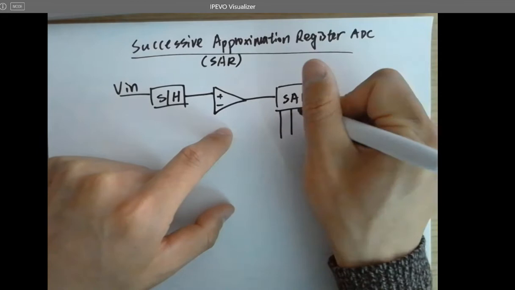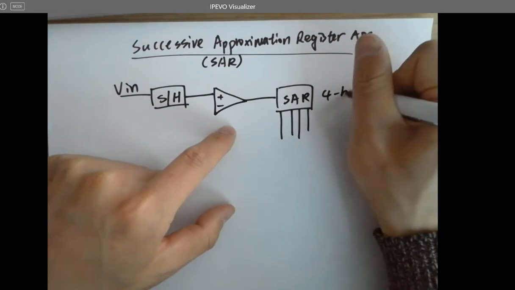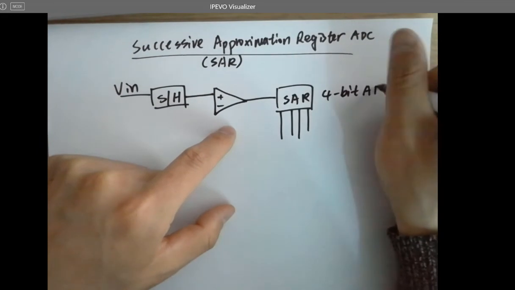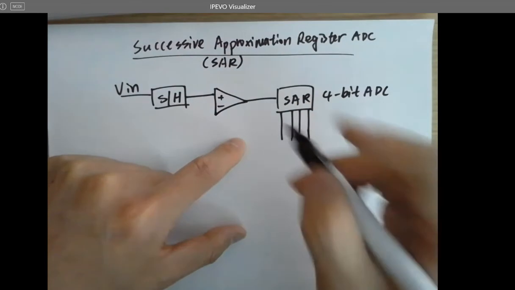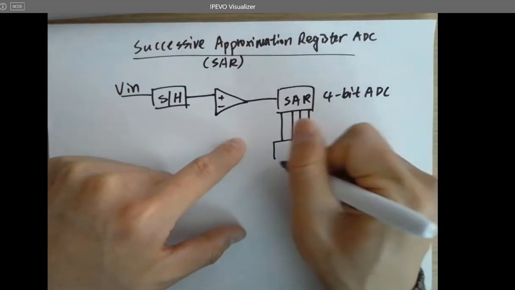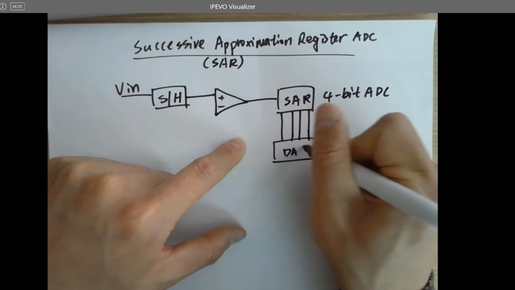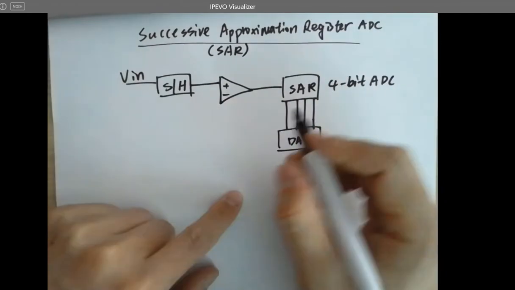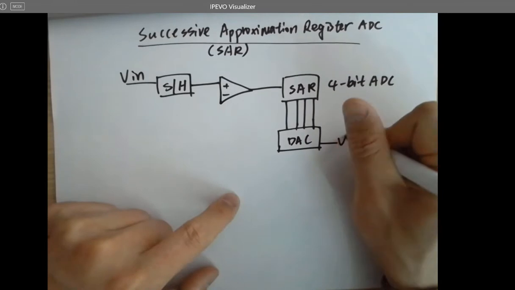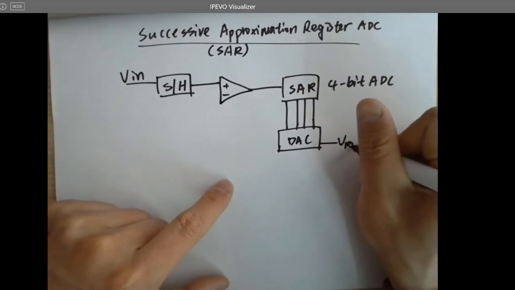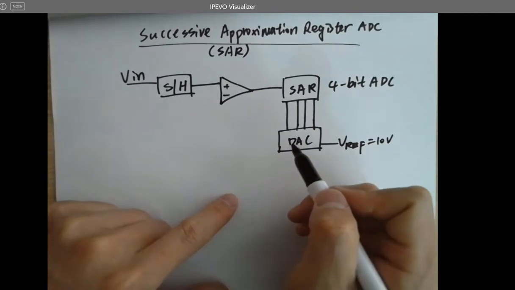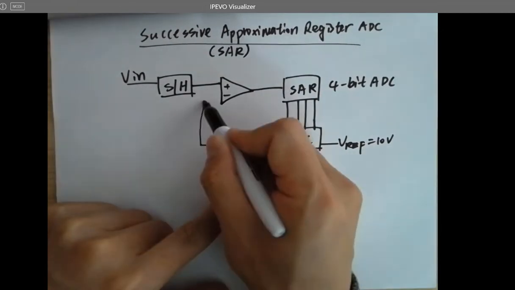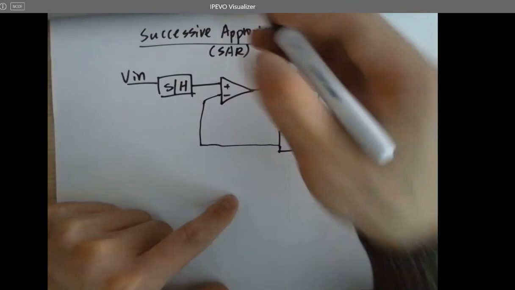For example, it's a 4-bit ADC, so there are 4 bits coming out from the SAR, and then the DAC. The DAC has a reference voltage, which is 10 volts, for example. And the output of the DAC will be fed into the inverting terminal of the comparator.